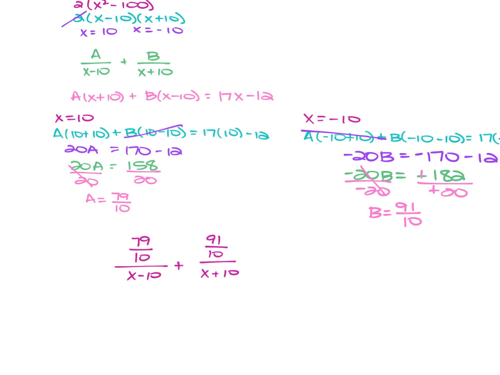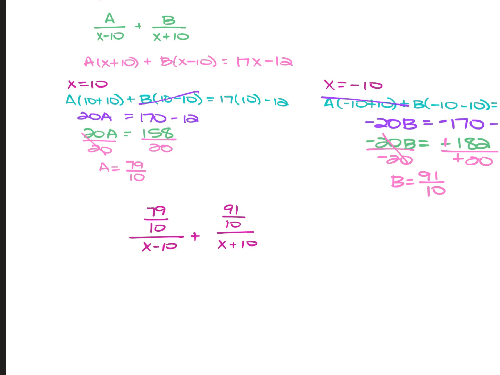Can you leave a fraction within a fraction? No, so work these out. Fractions are the same thing as division. So you can write this as 79 over 10 divided by x minus 10 over 1 plus 91 over 10 divided by x plus 10 over 1.